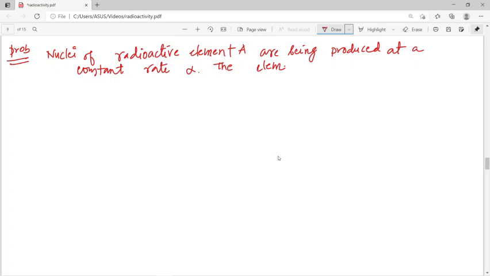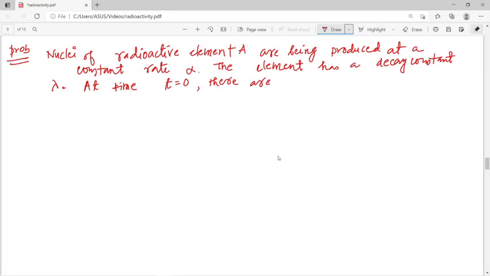The element has a decay constant lambda. So at time t equals 0, there are n naught nuclei of the element.